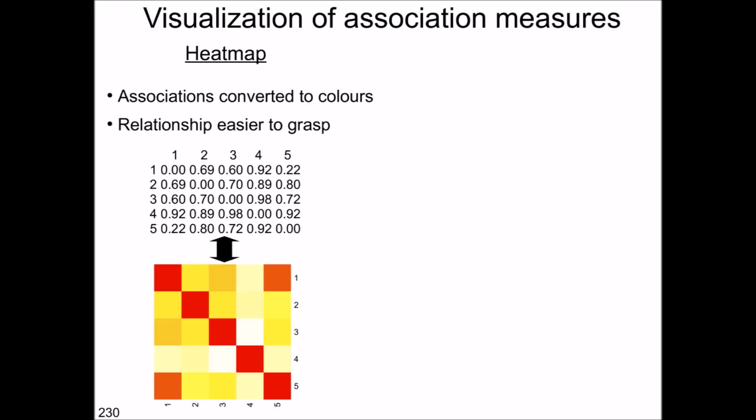The brighter the values become, the higher the distance is between two sites. If you look at the matrix with the values, we see that sites 3 and 4 have a distance of 0.98, so they have more or less no similarity, and we see that this converts to a white color on the heat map. So heat maps are much easier to interpret than just the numerical columns.